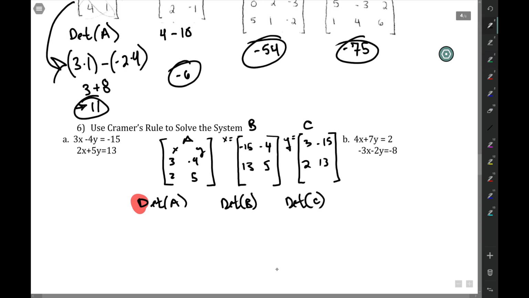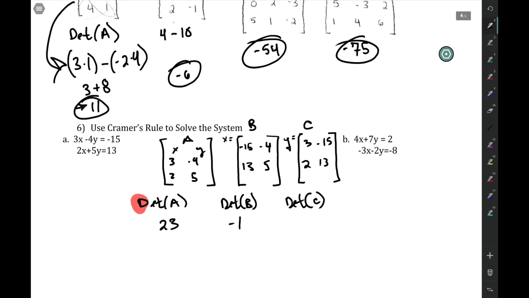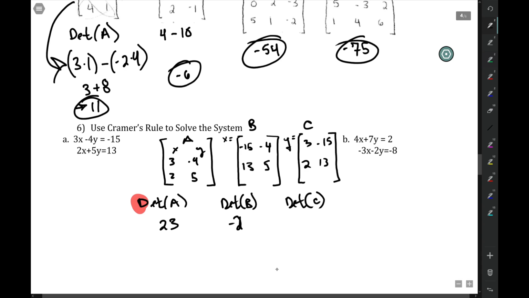A's determinant is 23. B's determinant is -1. Actually, sorry, it is -23. And C's determinant is 69. Now that means X is negative 23 divided by 23, and Y is 69 divided by 23.